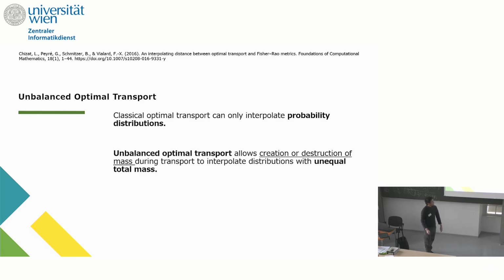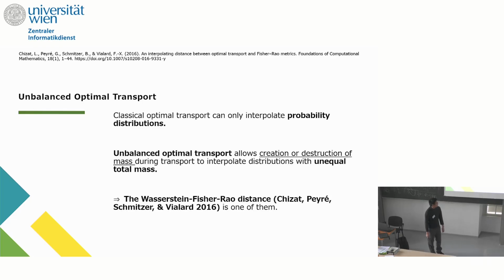So unbalanced optimal transport allows creation or destruction of mass during transport to interpolate distributions of unequal total mass. There are many formulations of unbalanced optimal transport, but one of the first is the Wasserstein-Fisher-Rao distance proposed by Chizat, Peyré, Schmitzer, and Vialard in 2016.